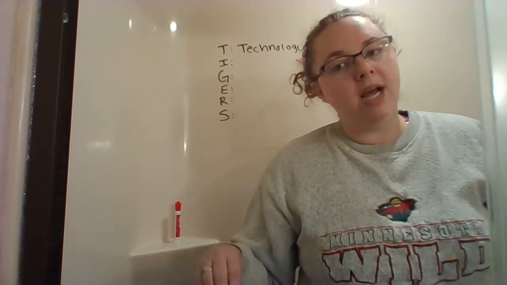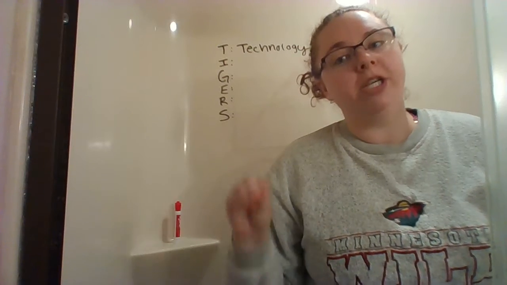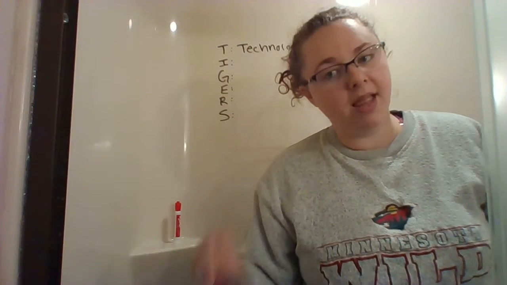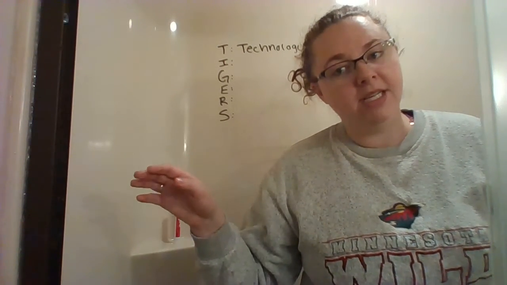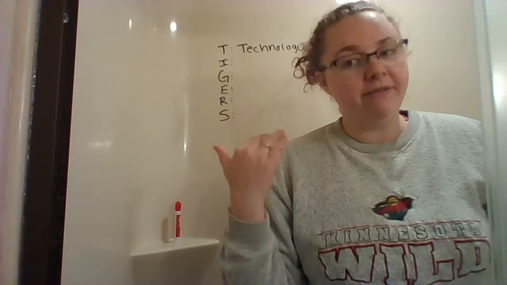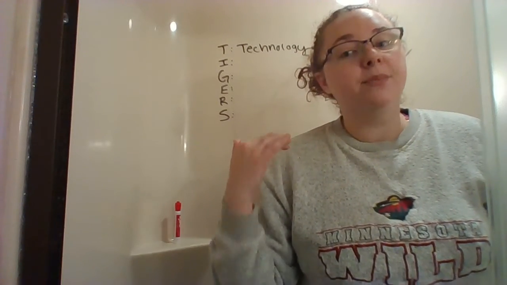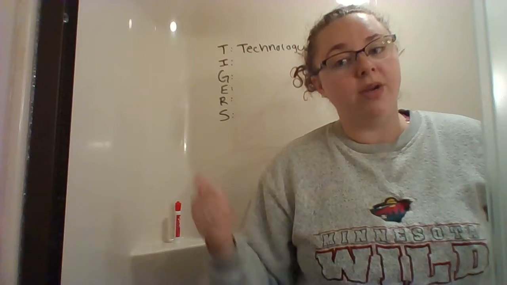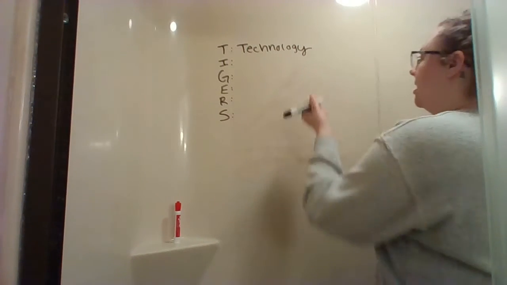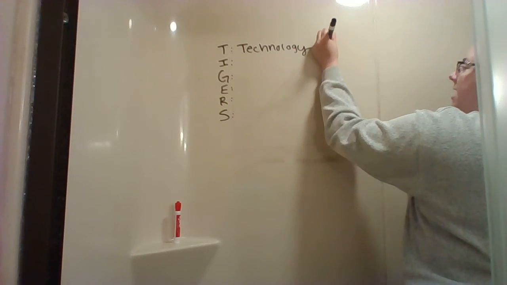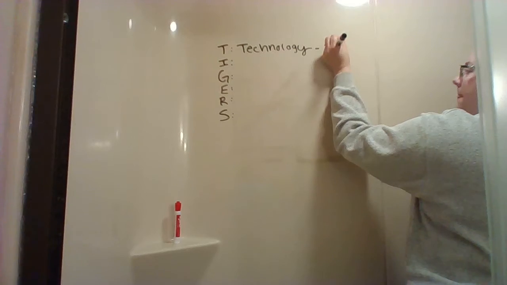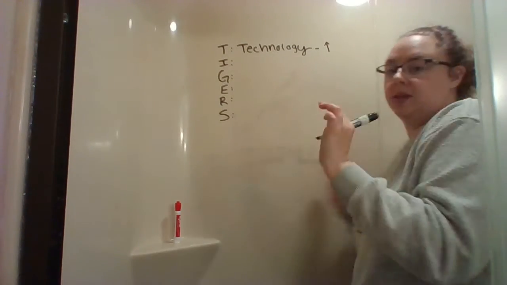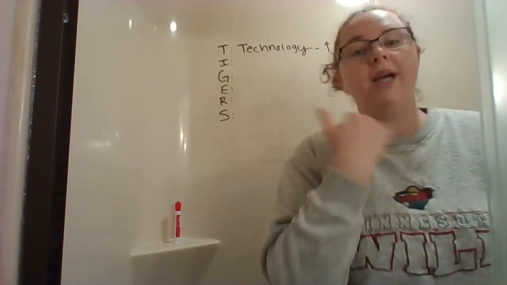There is no time that technology is ever going to shift the supply line to the left to decrease. The supply line can only be moved to the right for an increase with technology. So it only shows an increase.